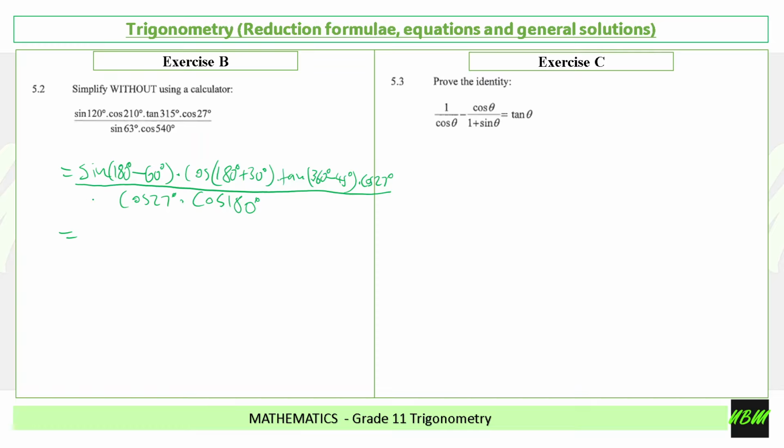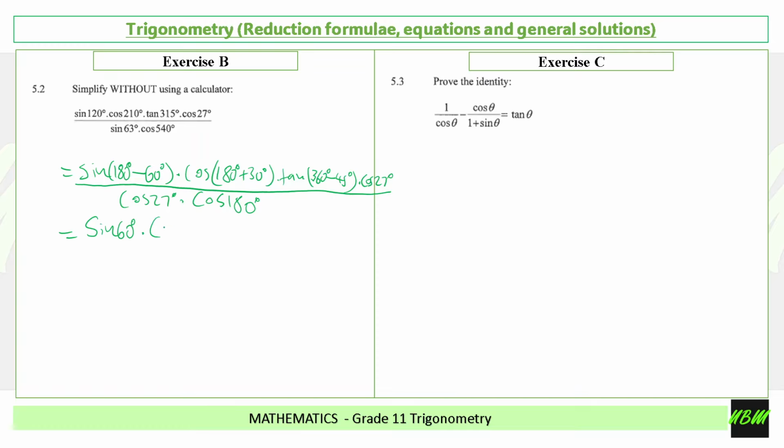Alright, equals to, now one ratio at a time. Sine of 180 degrees minus 60 degrees, second quadrant. In the second quadrant, the ratio sign is positive. Therefore, this will reduce to positive sine 60 degrees multiplied by the next ratio, cos of 180 degrees plus 30 degrees, which is in the third quadrant. In the third quadrant, cosine is negative.